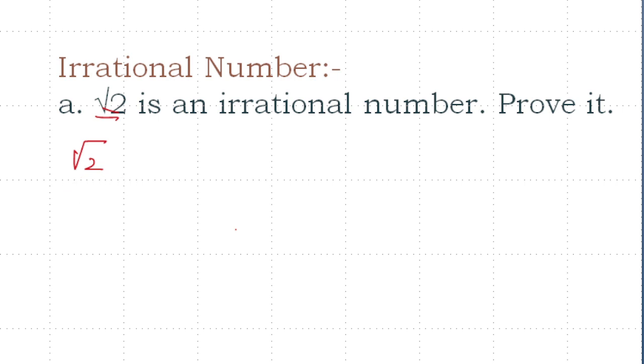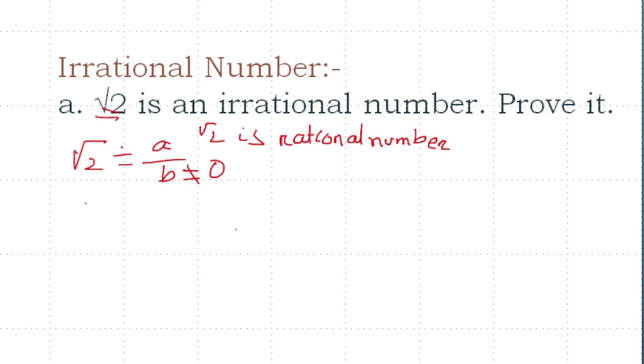So for example, root 2 equals a by b, where b is not equal to 0 because it is a rational number. For now we are taking root 2 as rational, so it should satisfy our condition. Okay, so root 2 is a rational number.